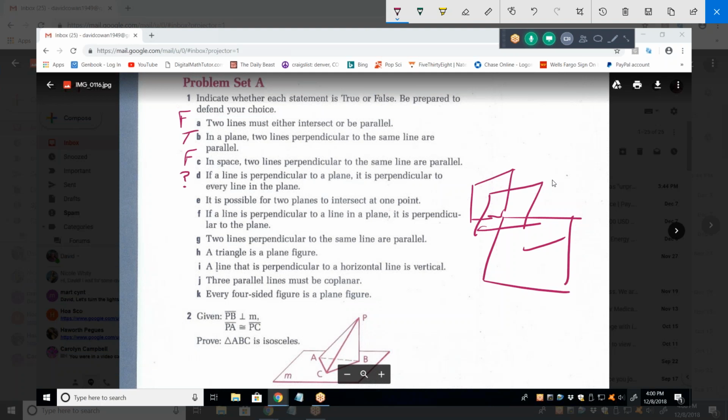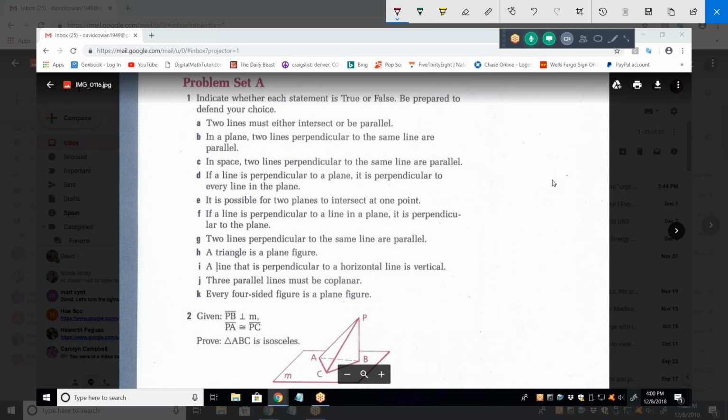Now, the question is are these planes infinite in both directions? Yeah, that's what we learned. Okay. If those planes are infinite in both directions, then yeah, that would not be true. In other words, if that goes forever in both directions, now how would I draw another plane so that it only intersected in one point?